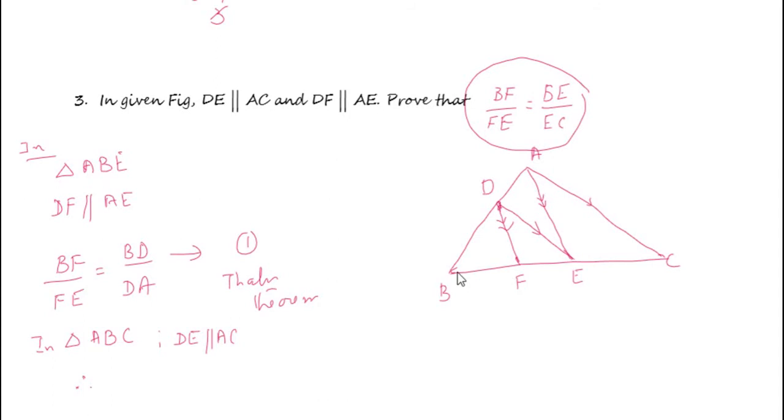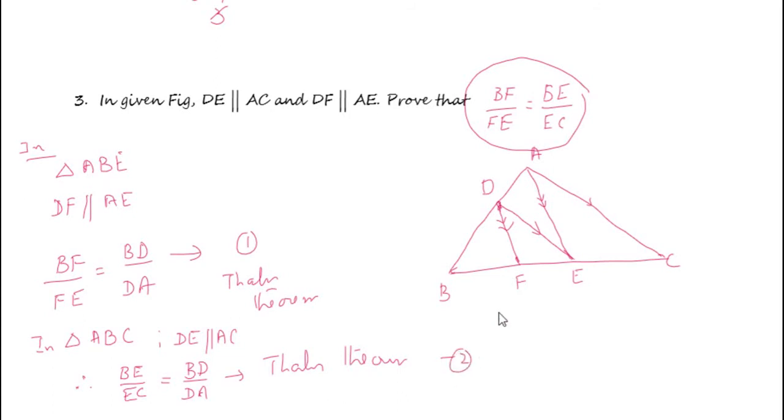Therefore, BE by EC is equal to BD by DA. This is also by Thales theorem. Let us call this as 2.